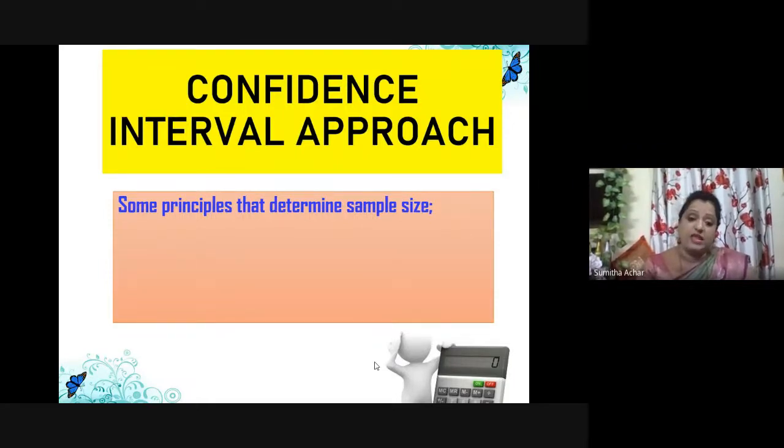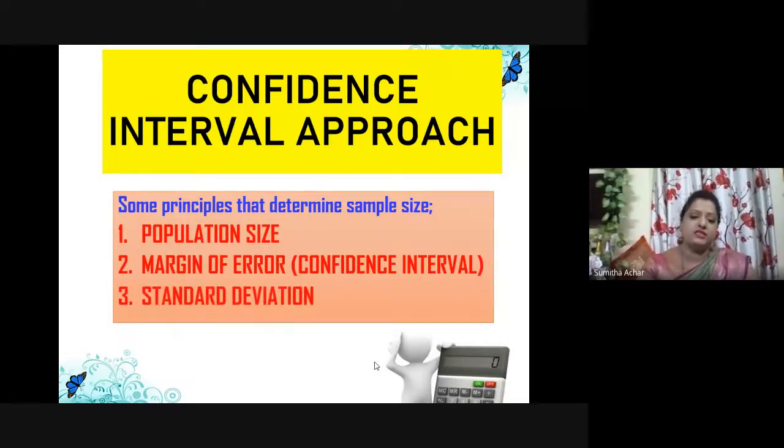But the beauty is to understand whatever you are giving in the research methodology of your thesis. You should know how exactly you have derived it. Simply taking some value from somewhere, you cannot generalize it for your study, right? So always in the confidence interval approach, we take 3 important factors: population size, margin of error, standard deviation.